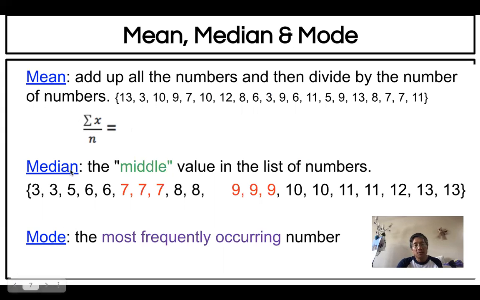The median is the middle value in the list of numbers. What is exactly in the middle? You learned this way: you reorganize these numbers in order from smallest to greatest, right? And then how did you find the median?